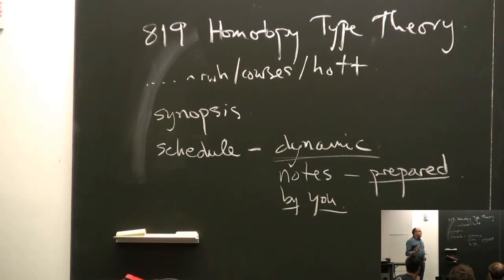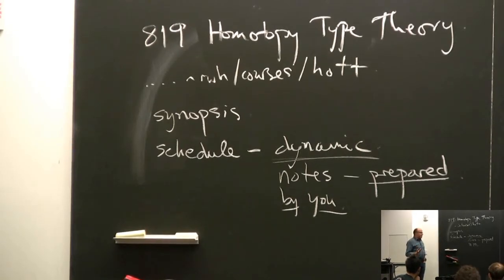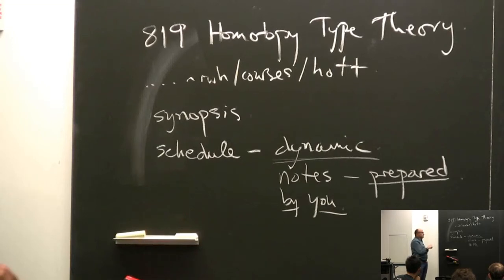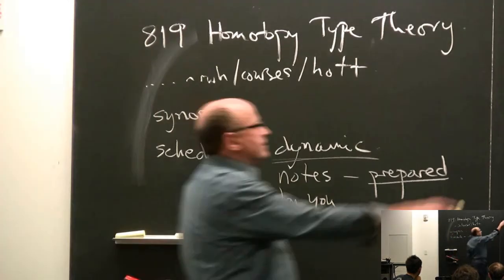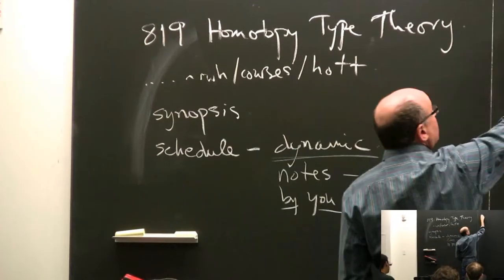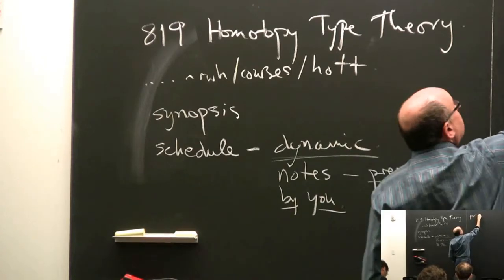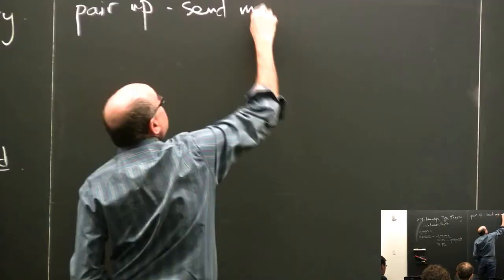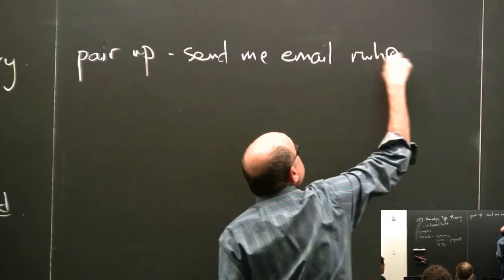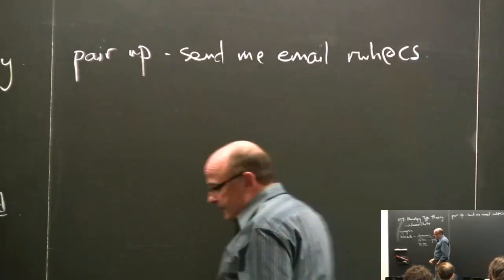I want to make sure that you stay engaged throughout the semester, so I'm going to ask you to work on preparing notes. The way that I propose this to work is that I want you to pair up and send me an email, RWH at CS, about what the pairs are.